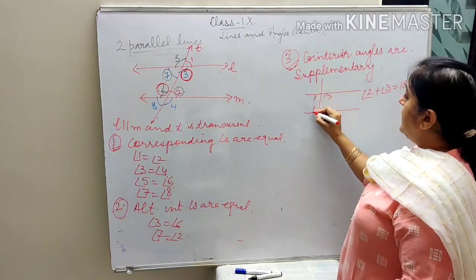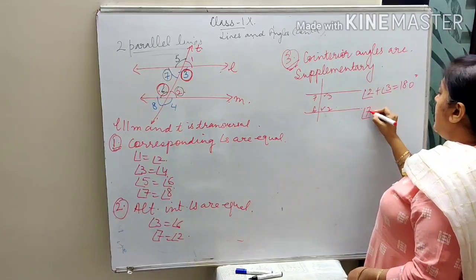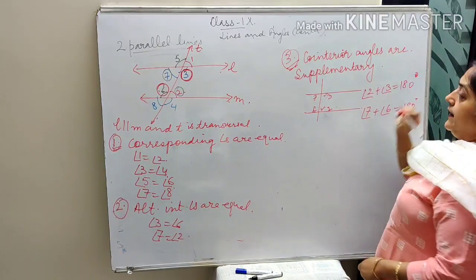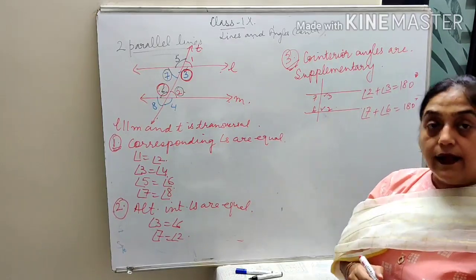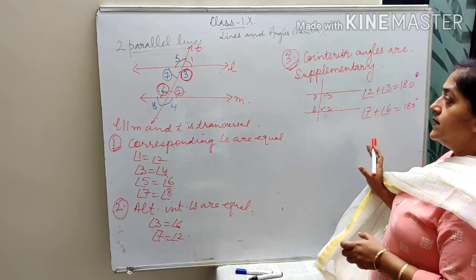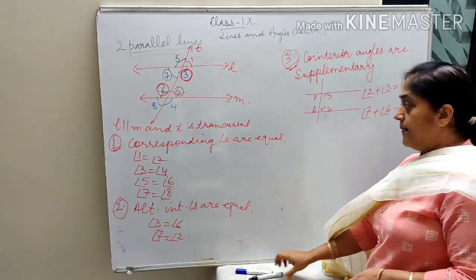Similarly यहाँ 7 था और यहाँ 6 था, 7 plus 6 is equal to 180 degree. You can write co-interior angles, you can write interior angles on the same side of the transversal. Both means the same thing.